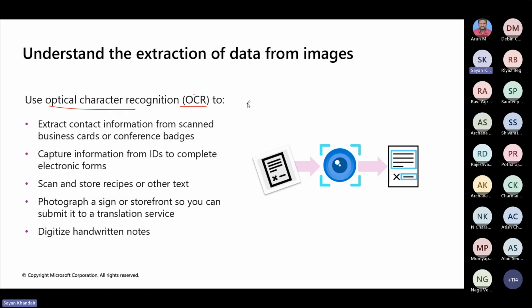OCR is the foundation of processing text in images and uses machine learning models that are trained to recognize individual shapes as letters, numerals, punctuation, or other elements in the text. Much of the early work on implementing this feature was performed by postal services to support automatic sorting of mail based on postal codes.